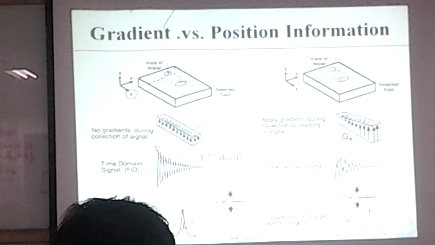If the decay is an exponential function, the spectrum is the Fourier transform of the exponential function of the FID. We call this spectrum a Lorentzian shape.